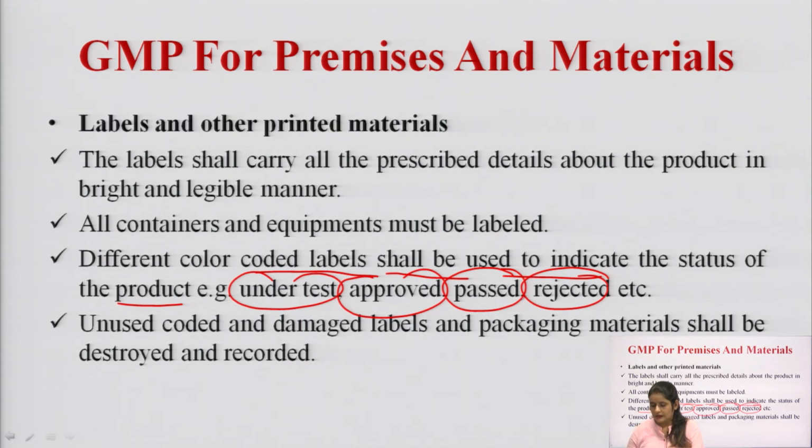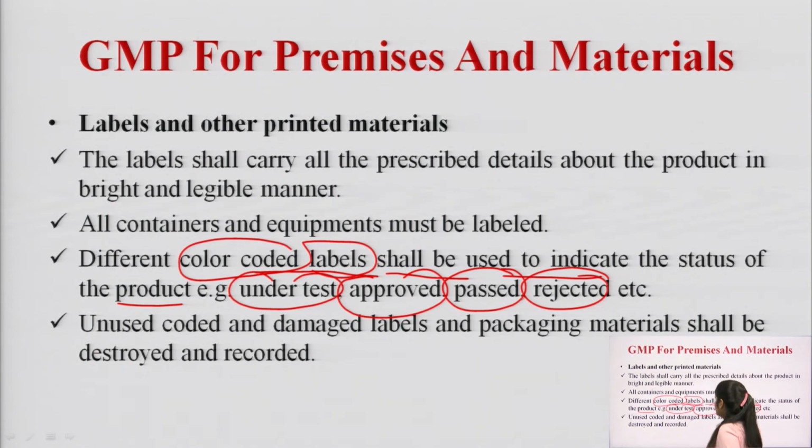Apart from documentation, labels and other printed materials are also recorded. As I told you, to differentiate the status of products, the products under test, the products approved and passed, and the products rejected must be differentiated by color codes and highlighted labels.